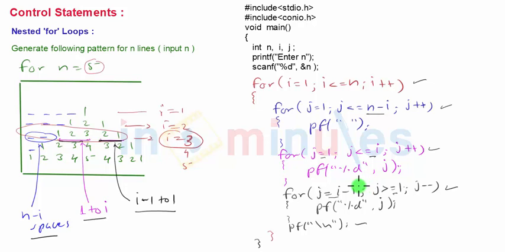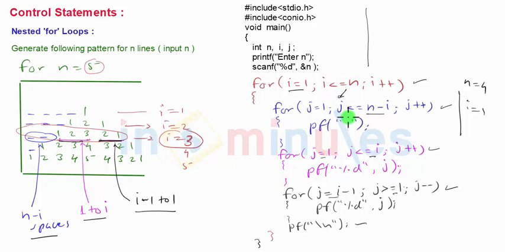Now let's look at it with a simple example. Suppose the value of n was 4, how is this program going to work? Let's see the output. Initially I is set to 1 when the loop starts, the condition is true, so it enters the loop.